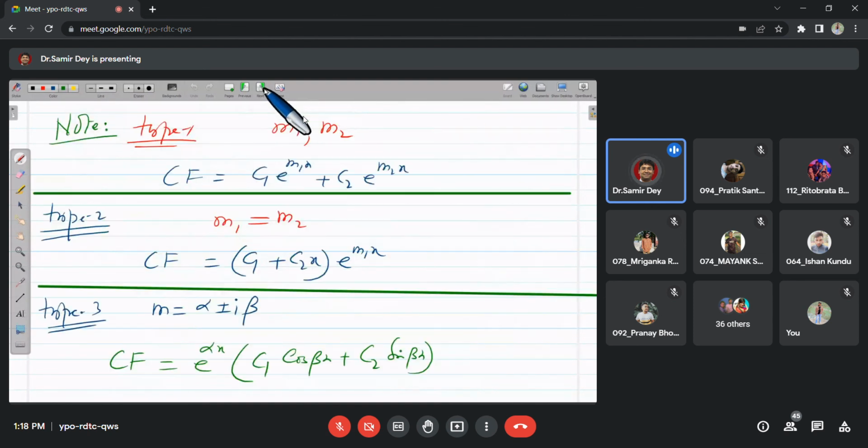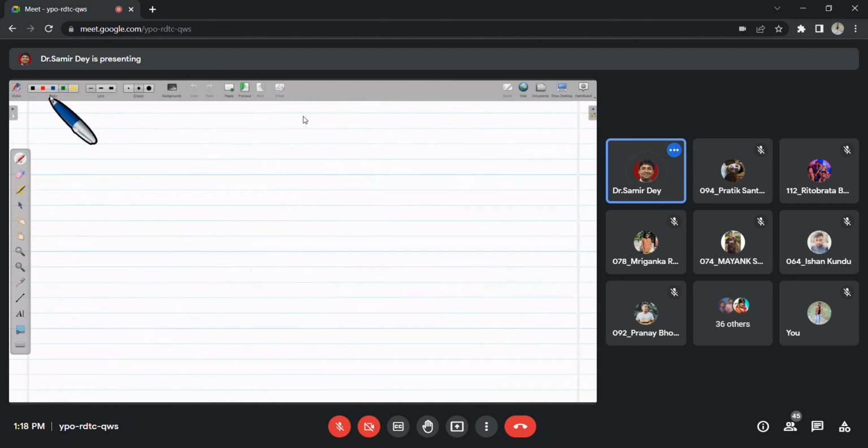So now I am giving one question to all of you. Can you complete your CF part only? d square y by dx square plus dy by dx plus 2y equals e to the power 4x. Now, can you complete your first part? Everyone, please try to solve.